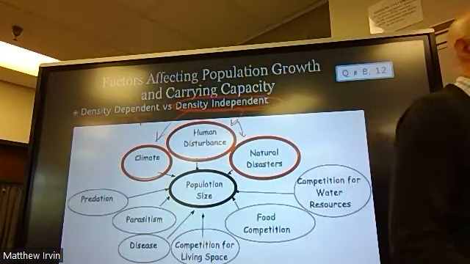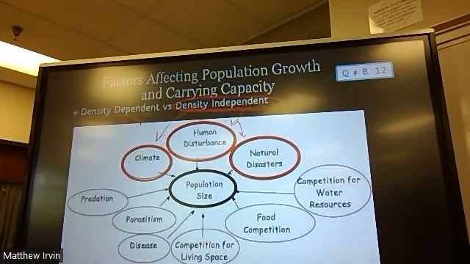And then predation: you will have higher levels of predation when the population of the prey is higher. But climate, it kills the stuff that it kills, whether there's a lot of them or not a lot of them. And then the same thing with human disturbances. And how we are great at helping other things live.